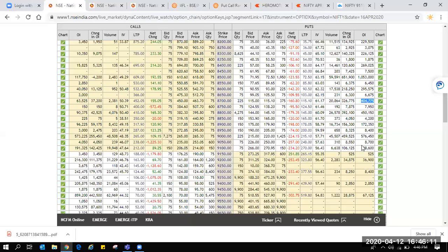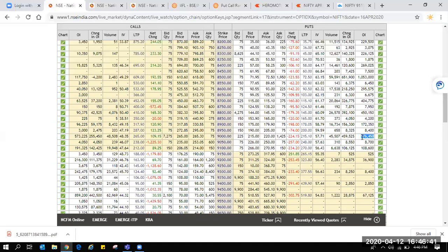What will happen many times is, suppose the index breaks 9,000. So this OI will be reduced, because the people who have shorted can also think that the market will sustain 9,000 and might not come up. So there will be an unwinding of the position. So what does unwinding mean? Say, for example, from 5 lakh, 40,000 has been unwound.